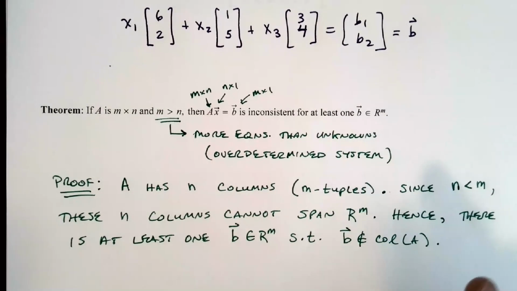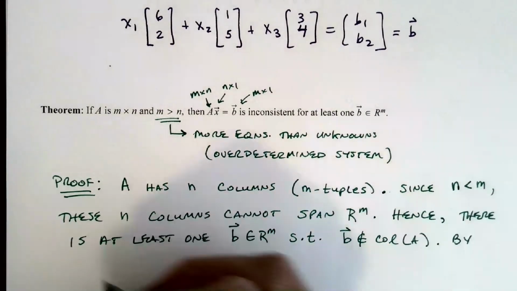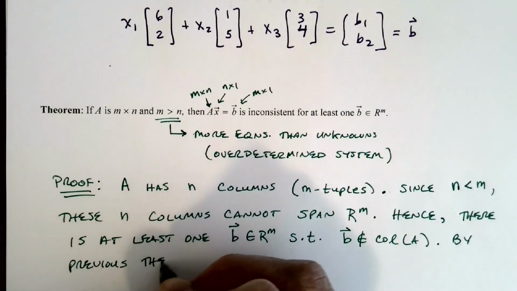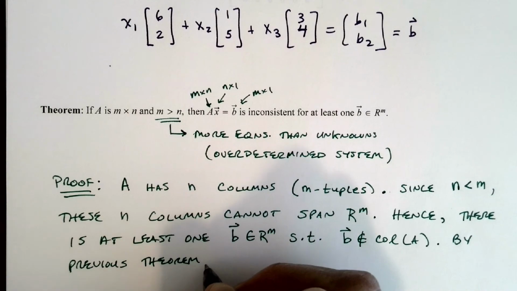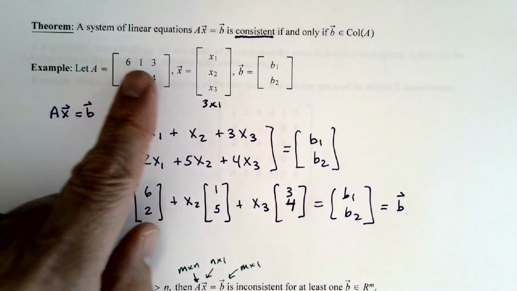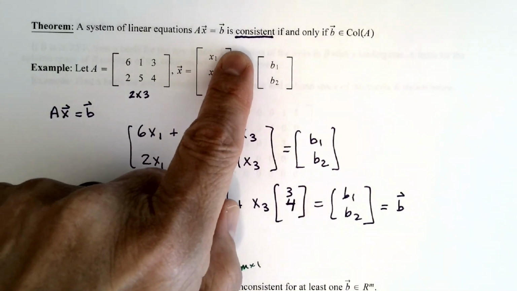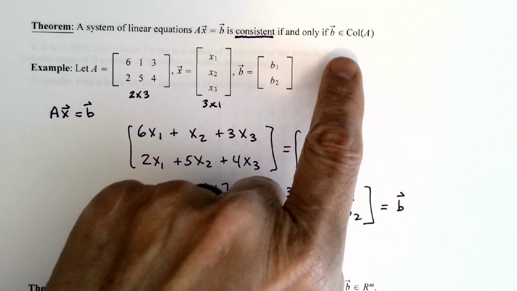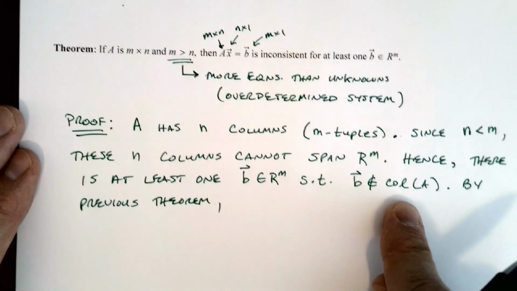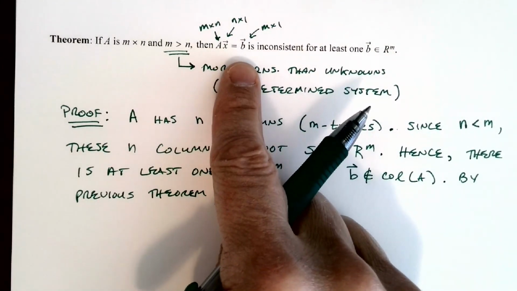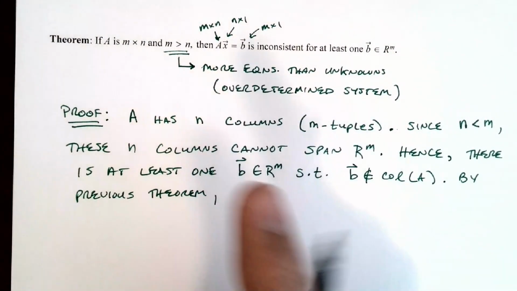But what's that mean? By the previous theorem, what was that previous theorem? Let's just remind ourselves, right? A system of linear equations is consistent if and only if B, the constants vector here, is in the column space of A. And so, since B is not in the column space of A, then the system AX equal B for that at least one B must be inconsistent.